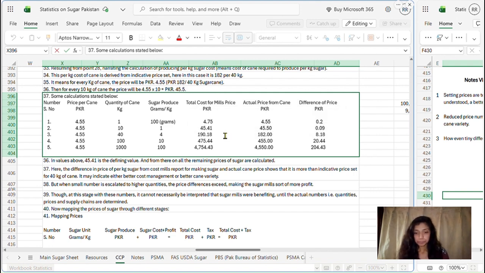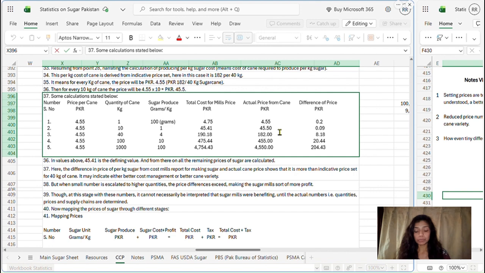What it means is the cost that it takes for sugar mills to produce 1 kg of sugar. They are taking 10 kgs of cane and producing 1 kg of sugar, so it is costing them 45 rupees and 41 paisas.